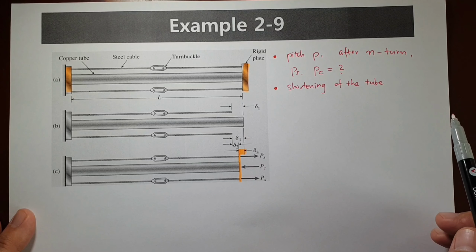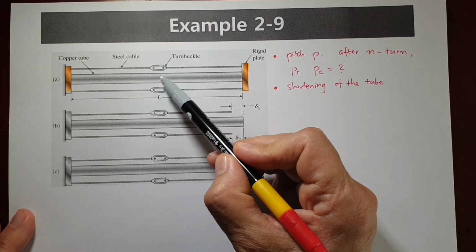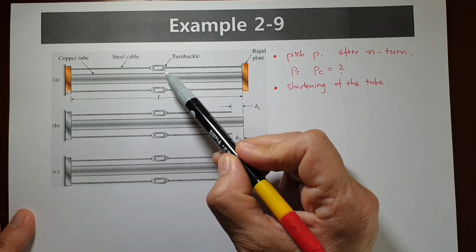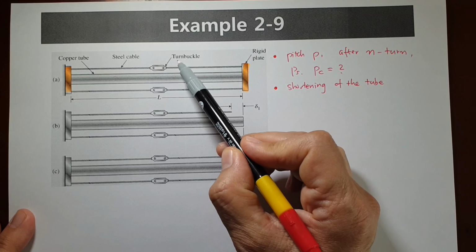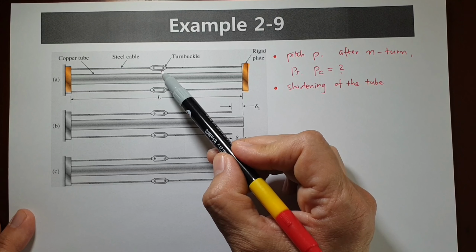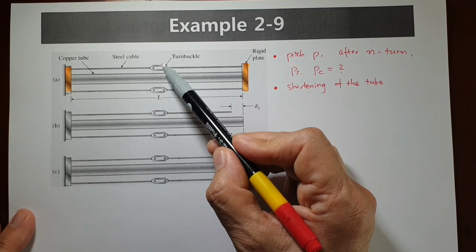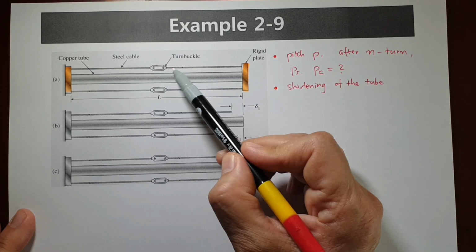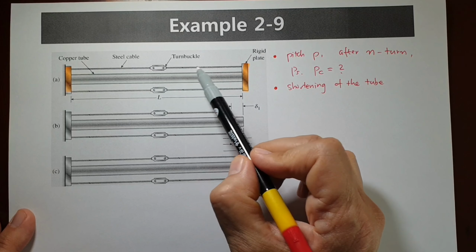In this problem, we can use some equipment related to change its length, a turnbuckle. If you give a big force and rotate the turnbuckle, the cable is getting shorter.